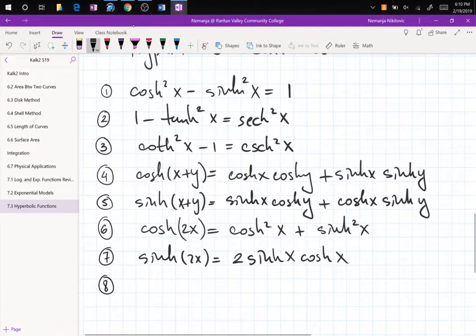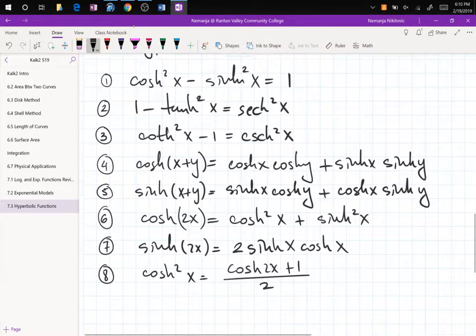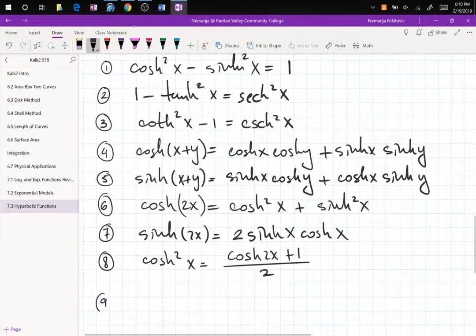Then we have power reducing. Cosine hyperbolic squared x is cosine hyperbolic 2x plus 1 divided by 2. And finally, sine hyperbolic squared x is cosine hyperbolic 2x minus 1 over 2.